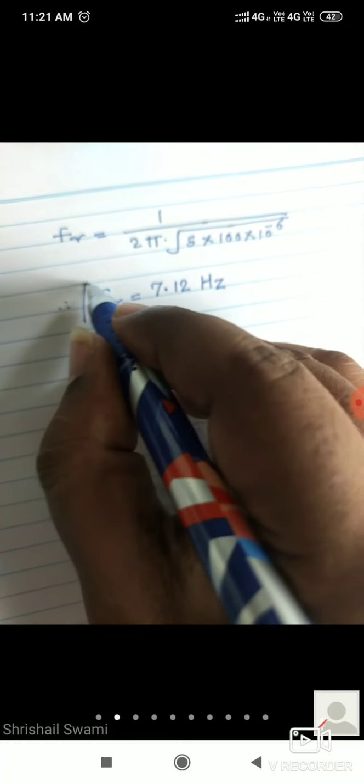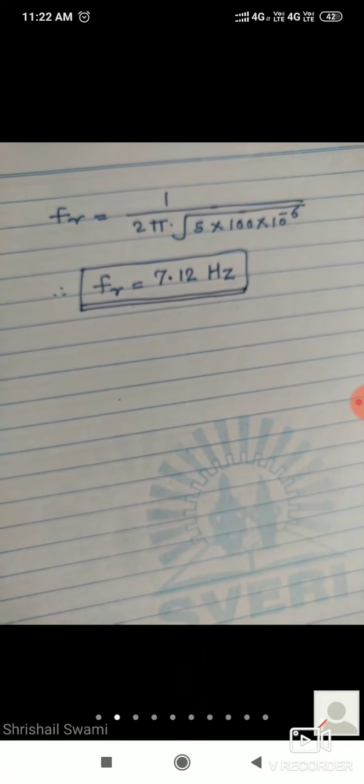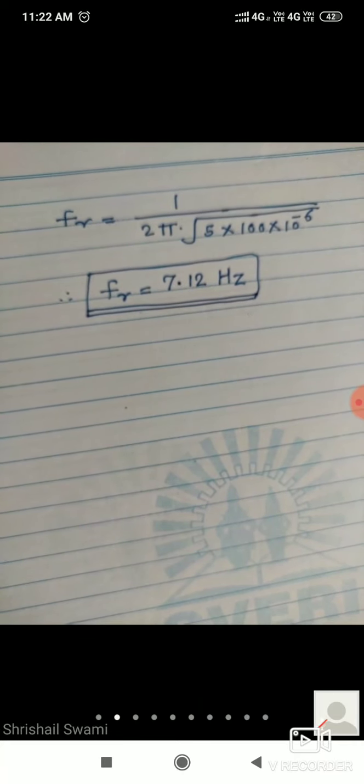FR is equal to 7.11 or 7.12. What is the unit of frequency? Hertz. So FR, everyone got this answer? You only have to put the value of L and C. Okay, FR is equal to 7.12 hertz.